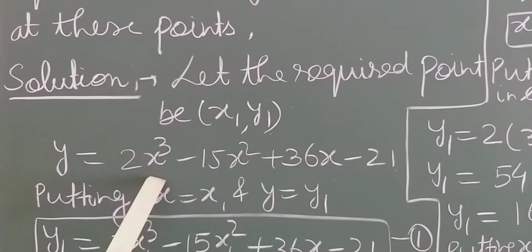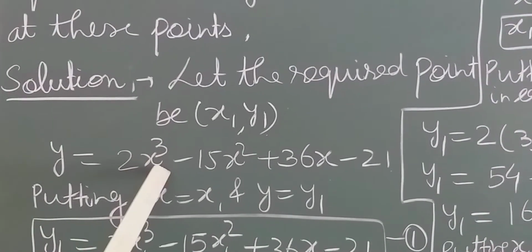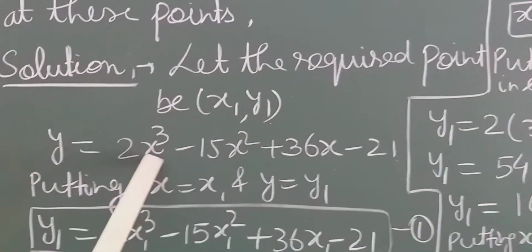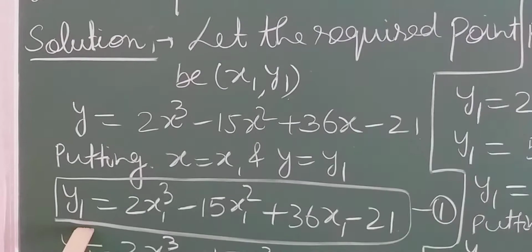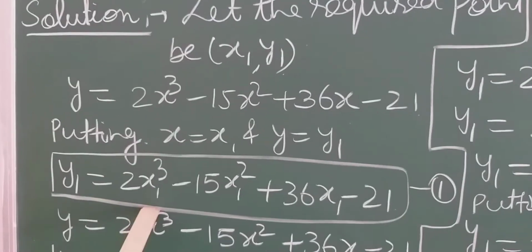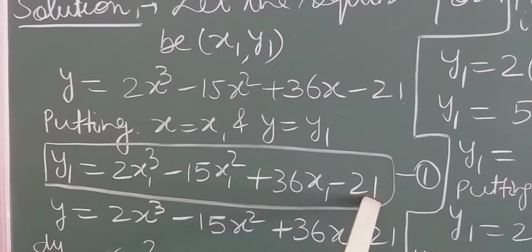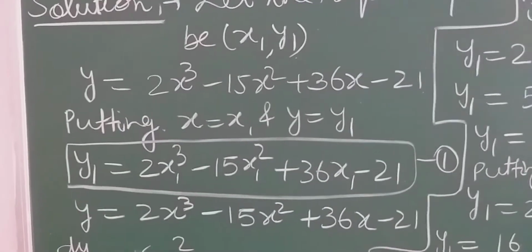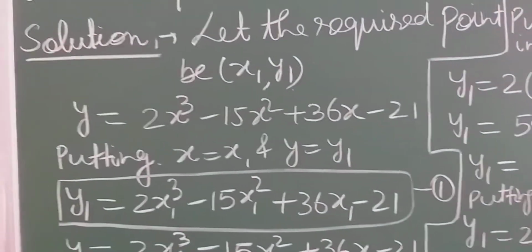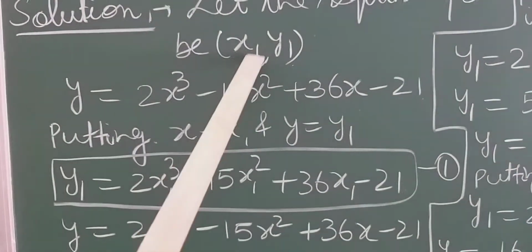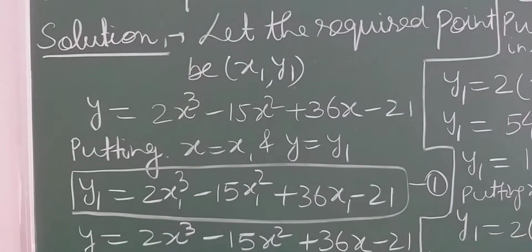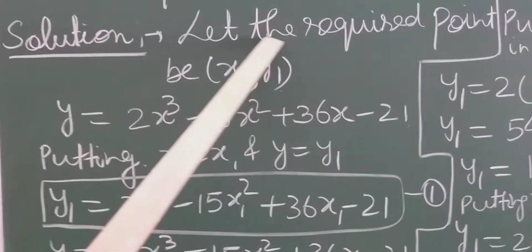That's why we put x equals x1 and y equals y1. So y1 equals 2x1 cube minus 15x1 square plus 36x1 minus 21. This is equation 1. So when the question asks about a point, first of all you have to suppose the point. Then you have to put this point in the curve.